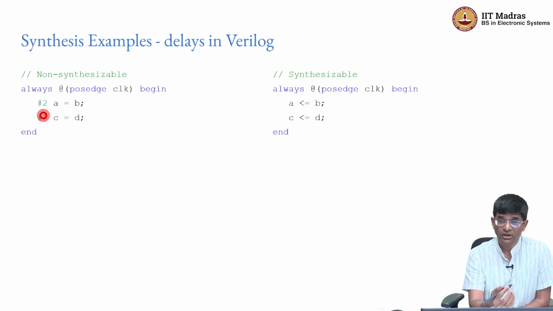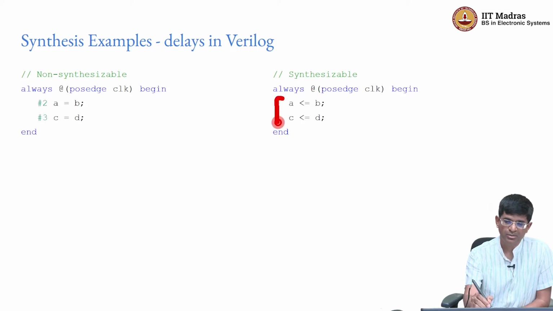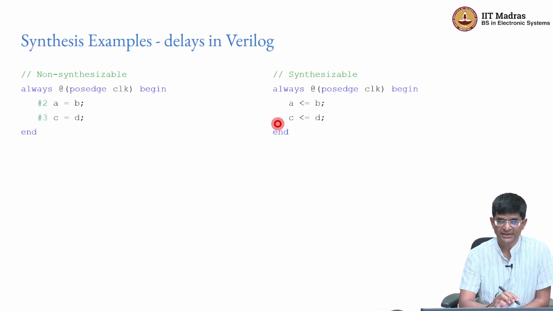So it may not turn into an error, which in some cases is actually worse. It ends up generating something where your simulation would give you a different result than what your synthesis is going to finally give you. On the other hand, simple logical code like this is easily synthesizable.